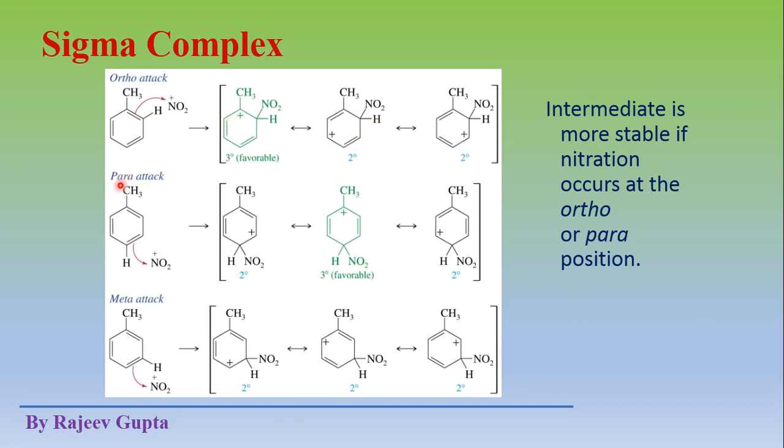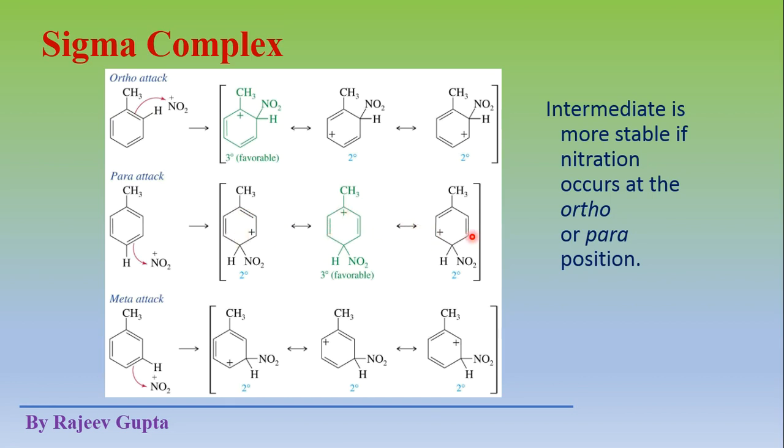Now in para attack, suppose these electrons go to this. Now we get this type of sigma complex where this positive charge comes on this meta position. Now due to this conjugation, this pi electron movement we can show this side, and this positive charge goes on this ipso position, and further this electron goes to this side and we get this.